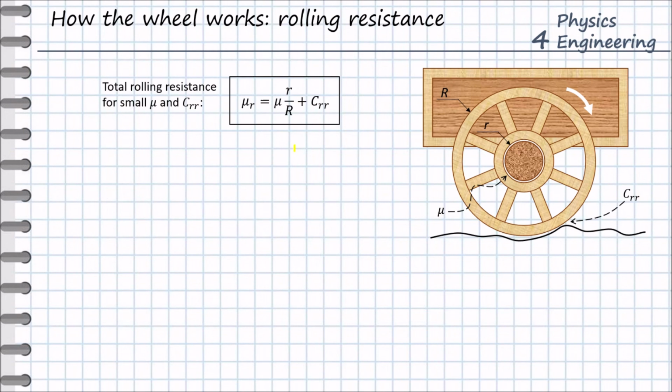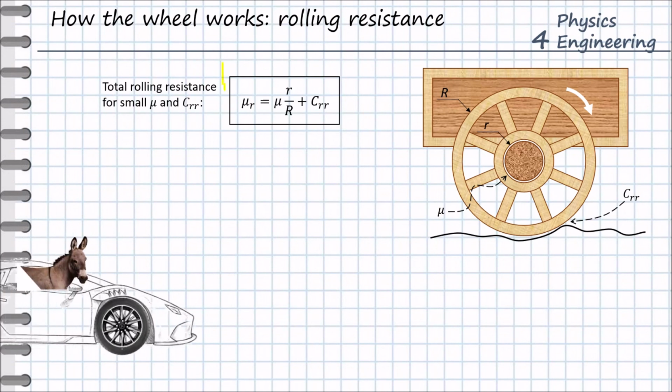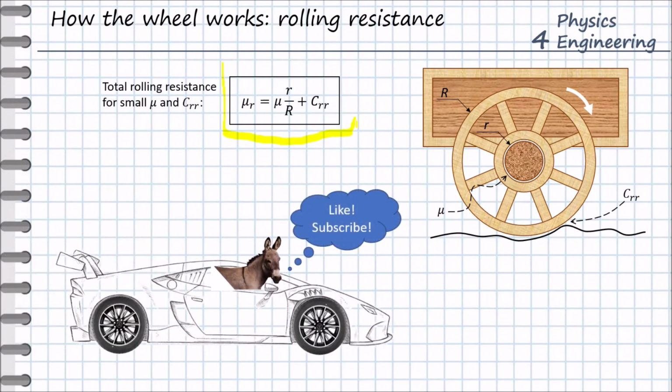This is the result of the rolling resistance coming from the friction between the shaft and wheel, and the rolling resistance coming from the contact between the wheel and the road. So this equation can be used not only for the wheel, but also for any roller or any rolling mechanism included in our system.